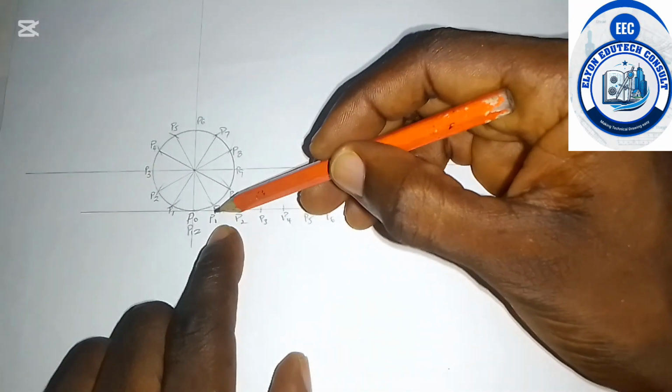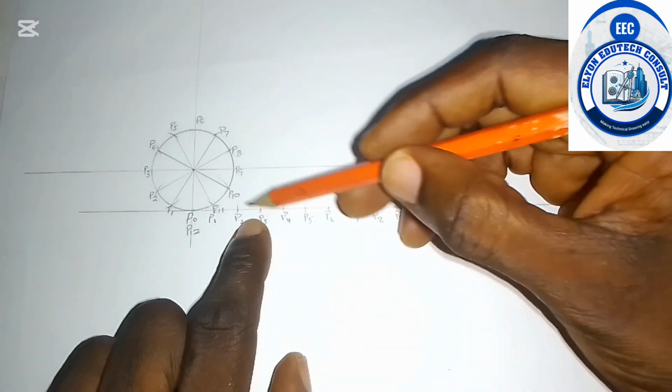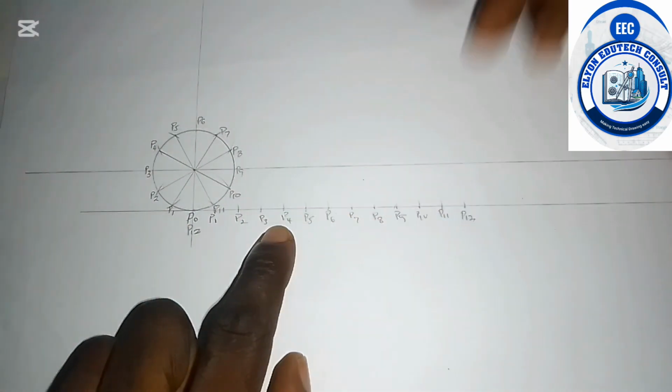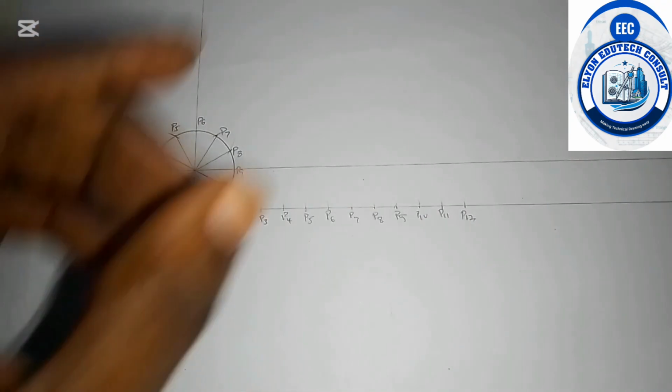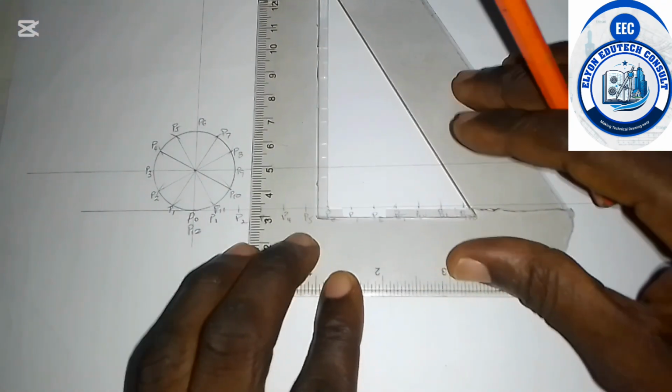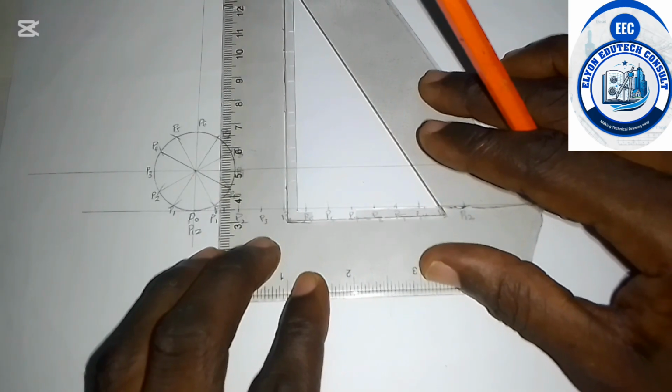So from each of these points now, P1, 2, 3 up to 12, I'm going to erect a vertical.